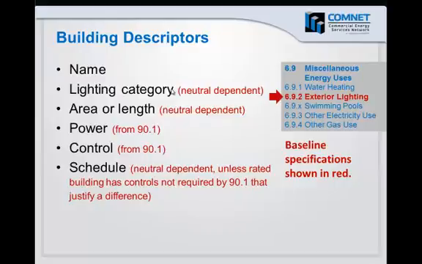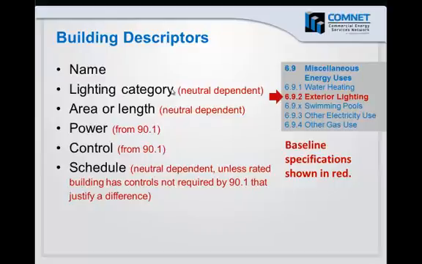The lighting category is neutral dependent, so if you have parking lot lighting in your rated building, so does your baseline. The size or area or length of the exterior lighting application is also the same.